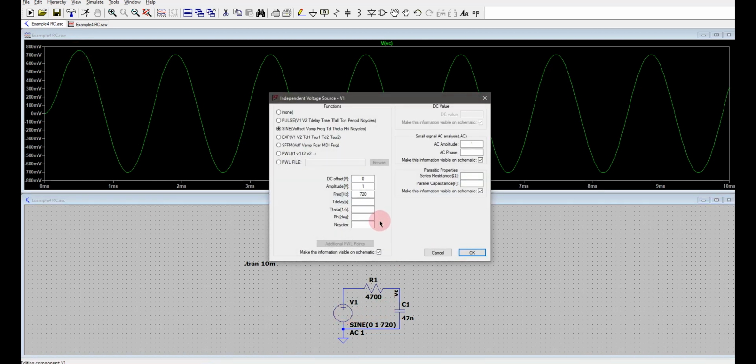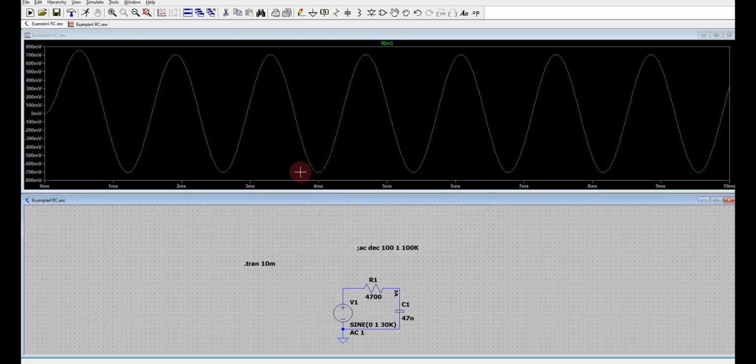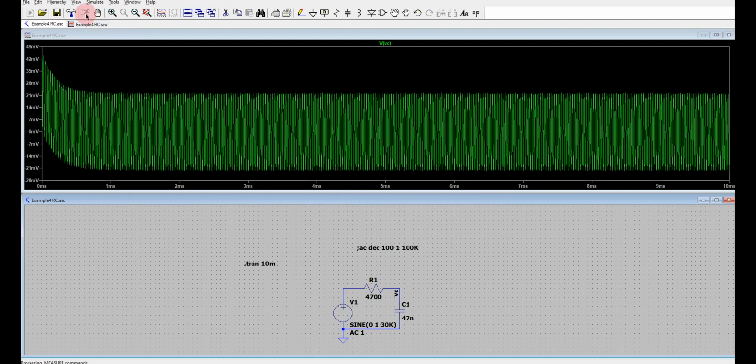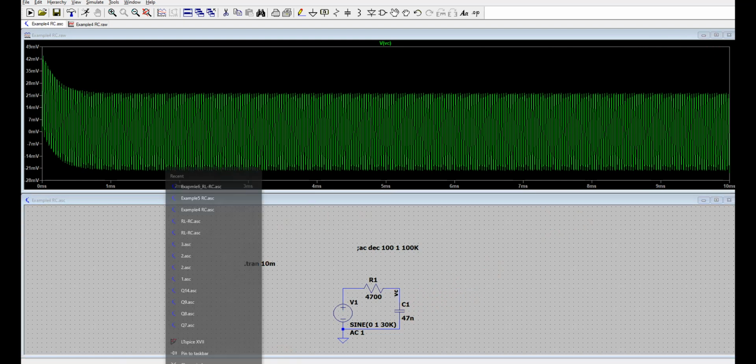If I further increase this frequency to say 30 kilohertz or something and run this simulation, you will find it's only 20 millivolt. So the entire signal has got attenuated, whereas I am giving here 1 volt, I have only changed the frequency. So the amplitude has died down now. It is getting attenuated. So, this is how the filters work.